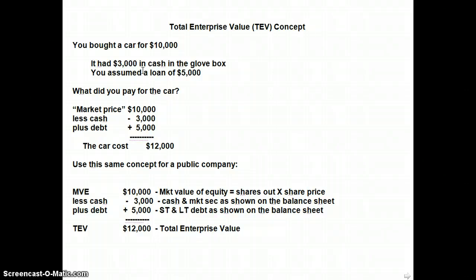And then you look at how much cash and how much debt the company has. So let's say that the company has $3 billion in cash and $5 billion in debt. That would say that the business itself, just like the example above with the car, is being valued at $12 billion, doing the same arithmetic as shown above.